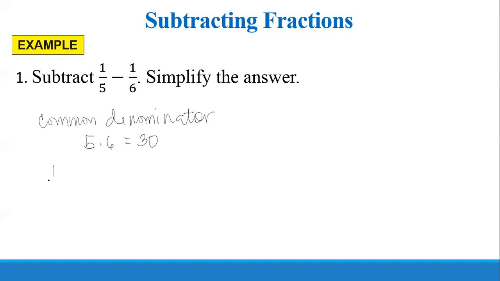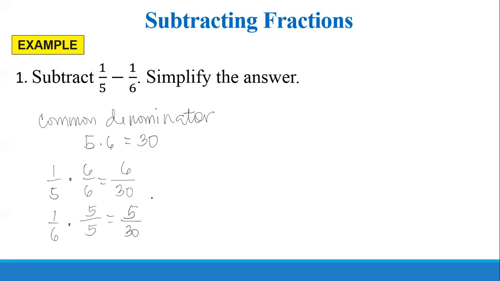So, rewrite natin si 1/5. Multiply both numerator and denominator by 6 to make the denominator 30. And this is equal to 6 over 30. And the other one is 1/6. Multiply both numerator and denominator by 5 to make the denominator 30 para maging common.